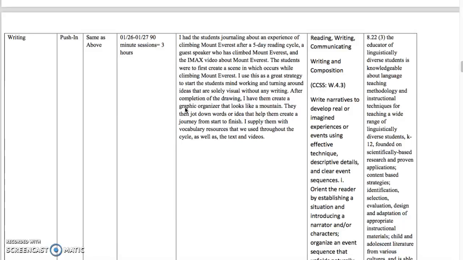But my level 3 could use all of these pieces, and then it would help them with their vocabulary to be able to write their Everest piece.